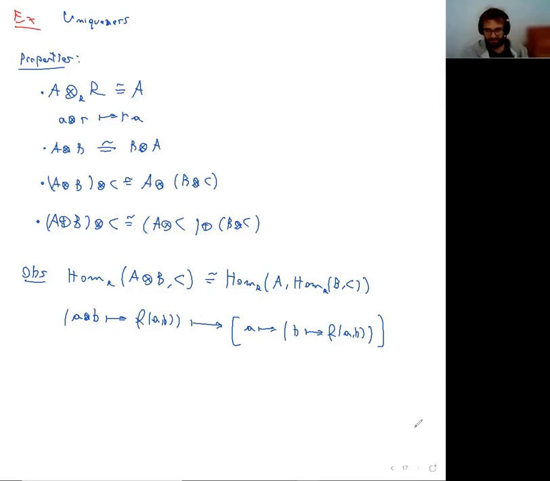It's a bit hard to write, maps sending maps into maps. Square parentheses make it easier to read.